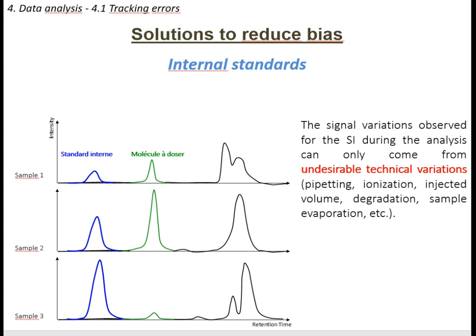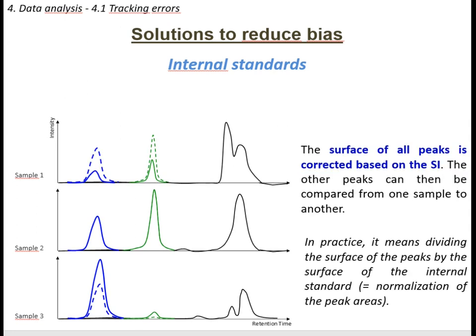But this is not the case. In sample 1, the internal standard is very low, while in sample 3, it's very high. And then you have the molecule of interest. It's a green curve. So here we detect, thanks to the internal standard, that there's been a problem somewhere. Something went wrong.